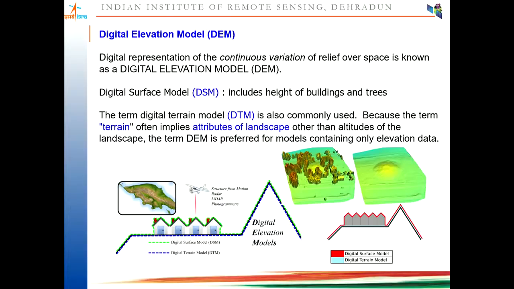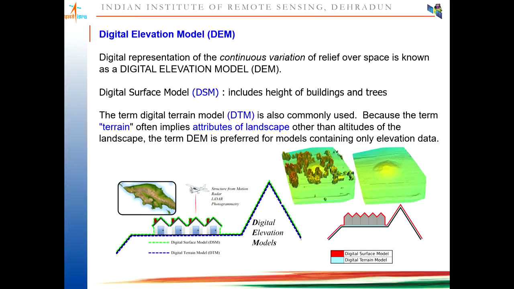This continuous variation of relief, or elevation, over the space we term a digital elevation model. There is another term used, the digital surface model. A digital surface model results when we derive the elevation model through remote sensing data.